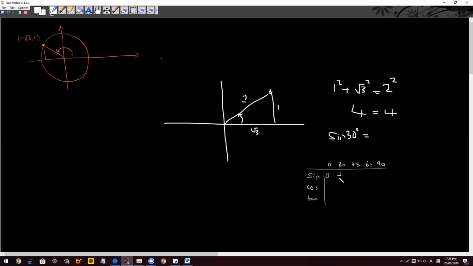Sine of 30 degrees is 1/2. Then root 2 on 2, root 3 on 2, and 1. Now cosine is the other way around: 1, root 3 on 2, root 2 on 2, 1 on 2, and 0. And tan is 0, 1 on root 3, 1, root 3, and this is undefined.